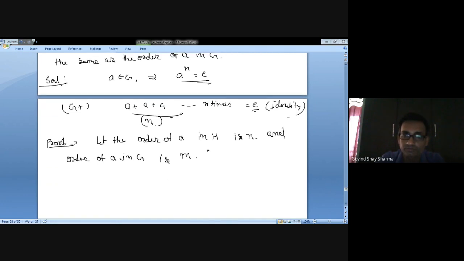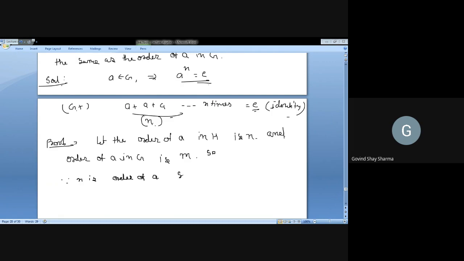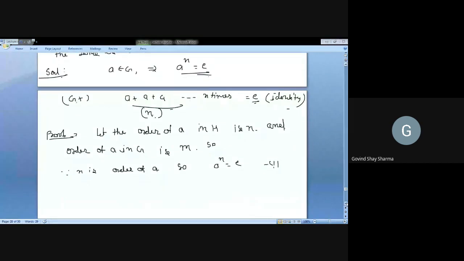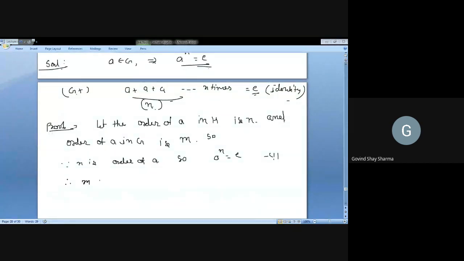So n is the order of A in H, so A to the power n is equal to the identity. And m is the order of A in G, so A to the power m is also the identity.